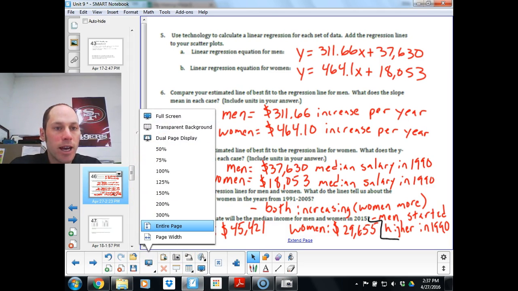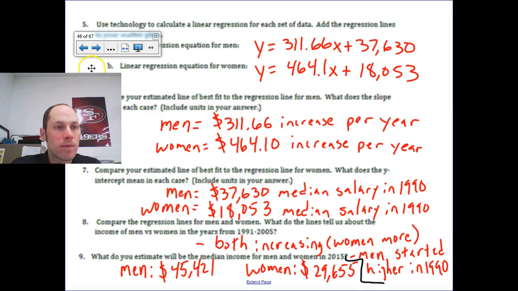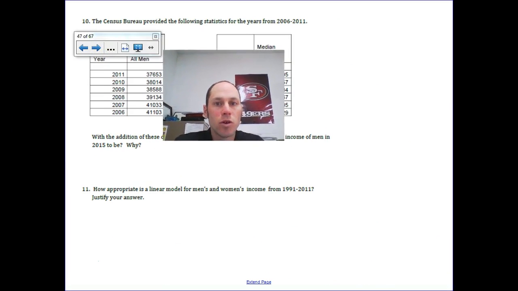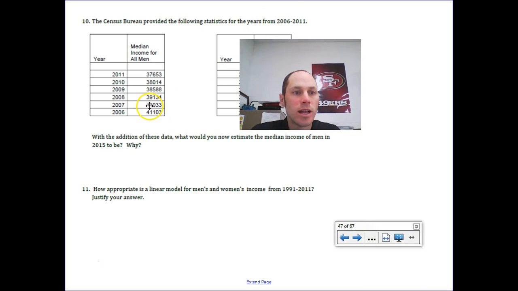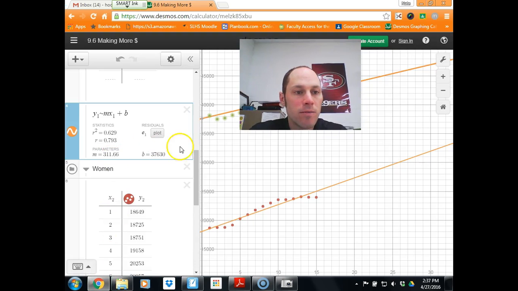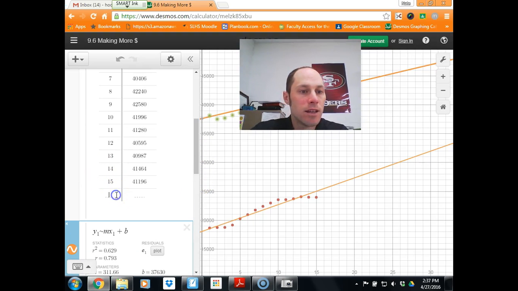Next, let's take a look at the final few questions here. We're going to add some data from 2006 to 2011. With the addition of that data, what would we now estimate the median income in 2015, and why? And how appropriate is the linear model for the added data? So go back into your graphing calculator, and you're just going to add the new data.